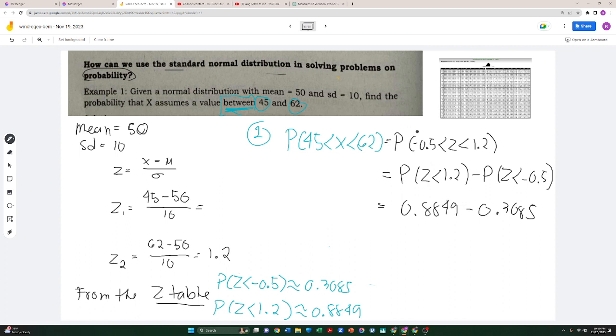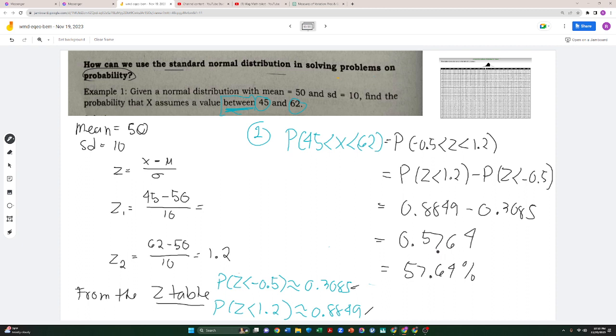You will still go through this, but for me, directly subtract the results. Okay? And then therefore it is 0.5764. So the probability of the range is also equal to 57.64%.